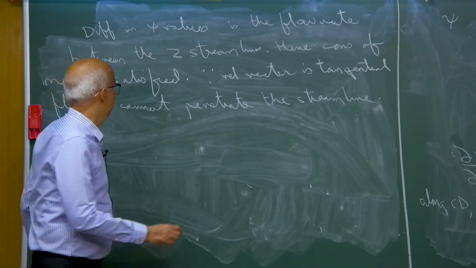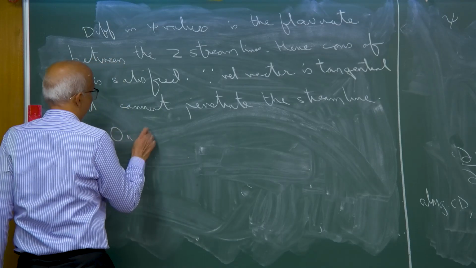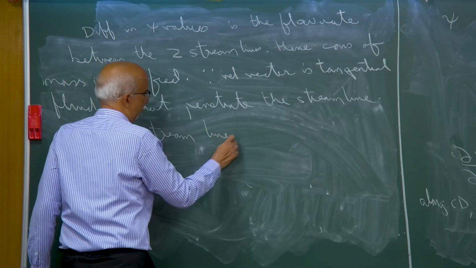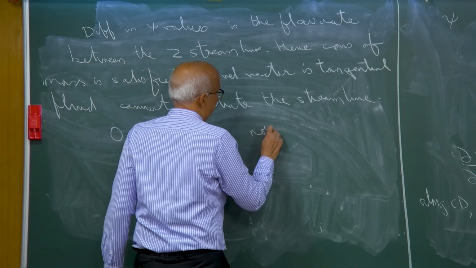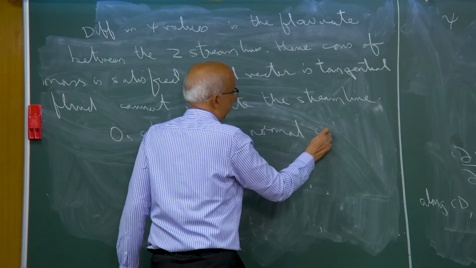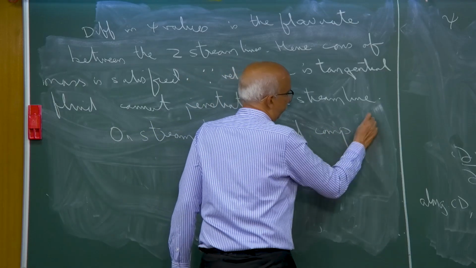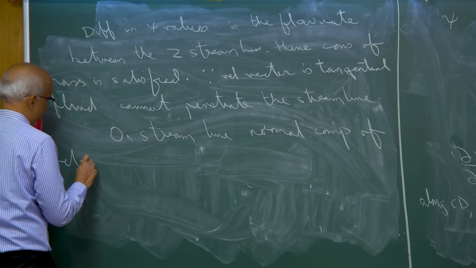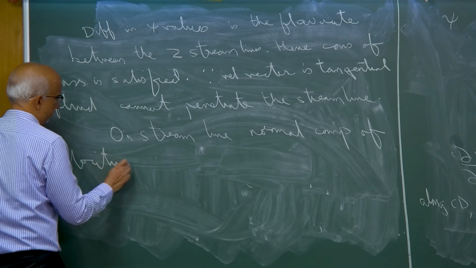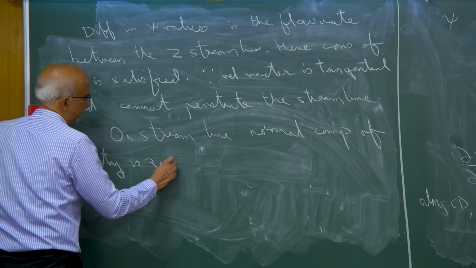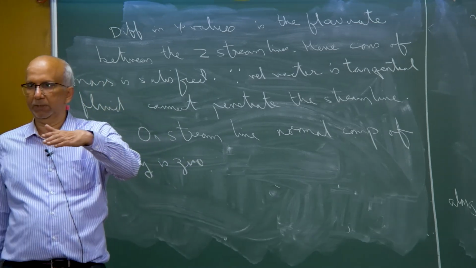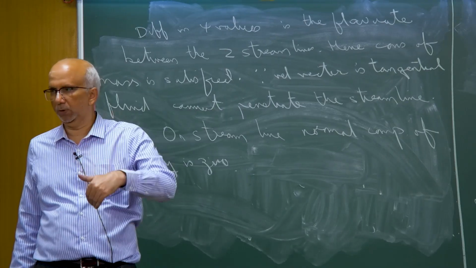So, this is on the streamline the normal component of velocity is 0, okay, because the velocity is tangential, that is how we defined it, no normal component.